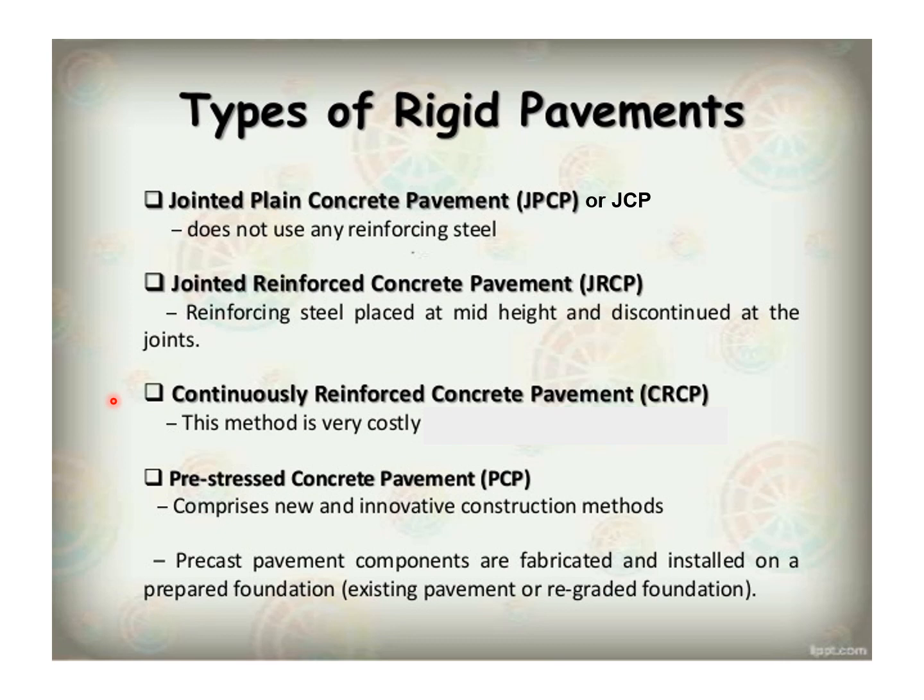Then comes continuous reinforced concrete pavement, CRCP. This method is very costly. And then pre-stressed concrete pavement, PCP, comprises new and innovative construction methods. Precast pavement components are fabricated and installed on a prepared foundation, that is existing pavement or regraded foundation.